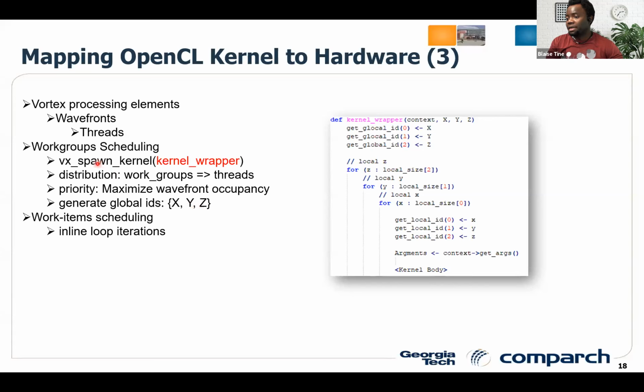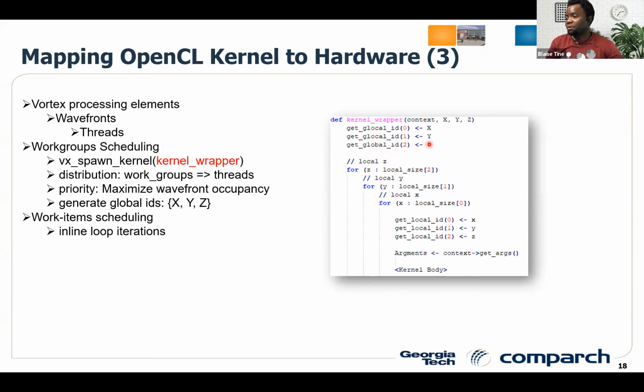With the API vx_spawn_kernel, we launch the kernel wrapper with the global identifier. And inside the wrapper, we have inline loops. These loops implement the work item scheduling for the local IDs.